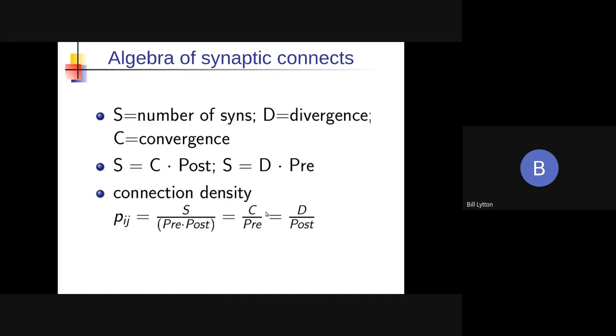Algebraically, this works out from C over pre to D over post. And it's slightly different if you're talking about how a population acts on itself, assuming you don't allow what are called autapses, A-U-T-A-P-S-E, which are synapses on yourself. Those do occur certainly in culture and probably occur in real life as well. So maybe it's not a bug, but it's probably not a feature, but maybe it is, who knows?